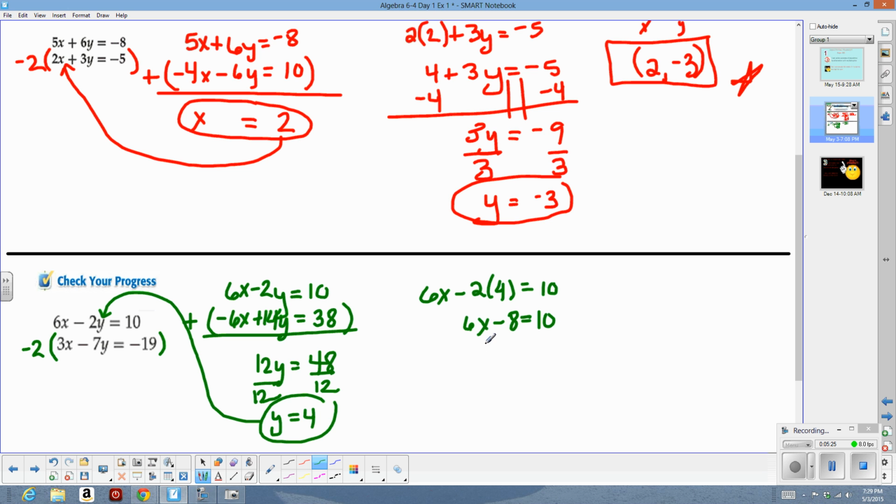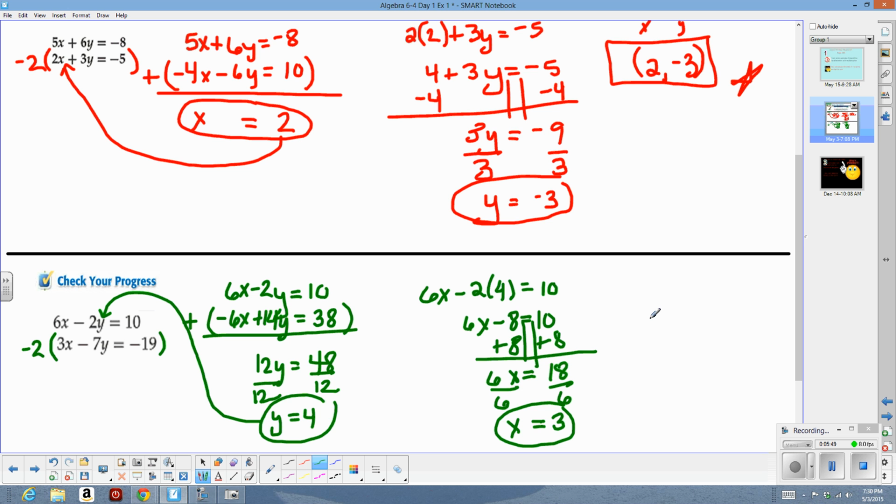Now to get x alone, we're going to add 8 to both sides. So we end up with 6x equals 18. Divide both sides by 6 to get 1x. 1x is equal to 3. There's the other half of our solution.